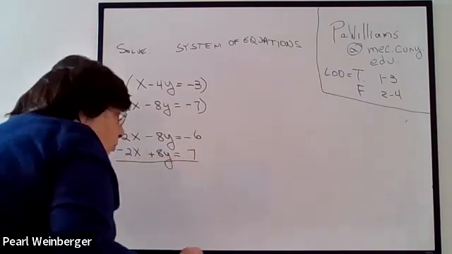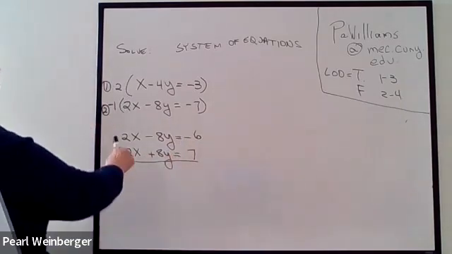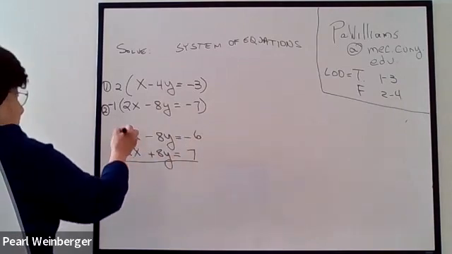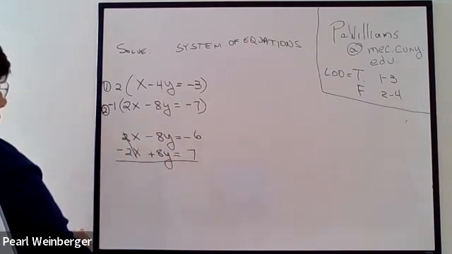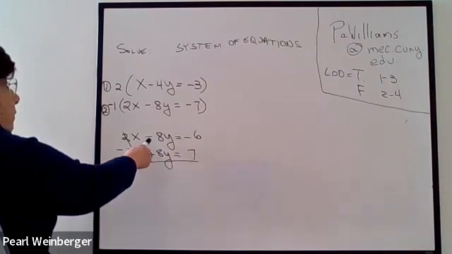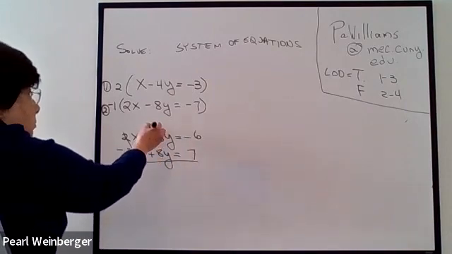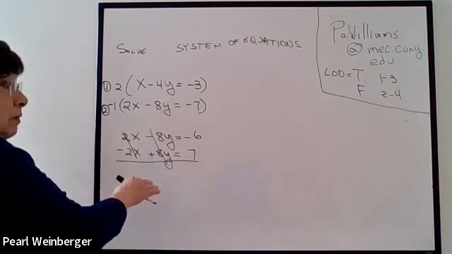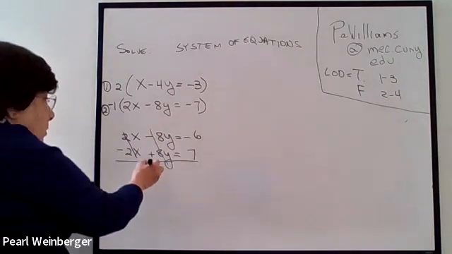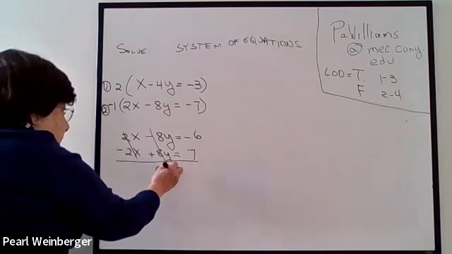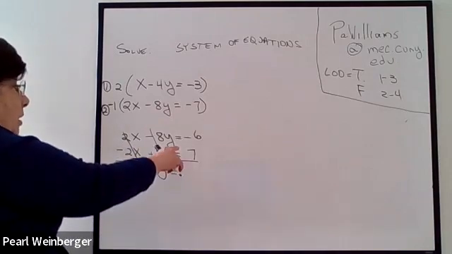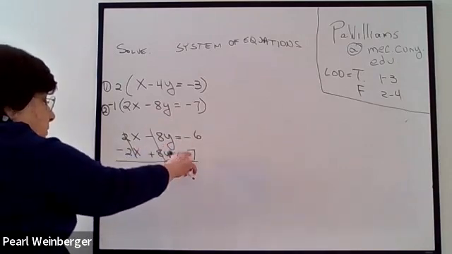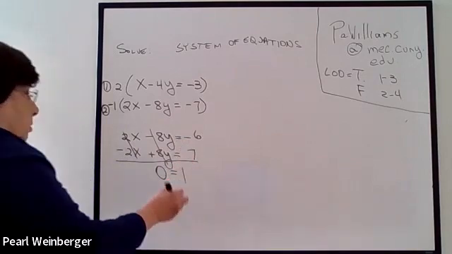Okay, so now we add it. So the 2x and the -2x cancel out. And the -8y and the 8y also cancel out. So everything on this left side of the equation has canceled out. This is a 0. And on the other side, I'm getting -6 plus 7, which is 1.